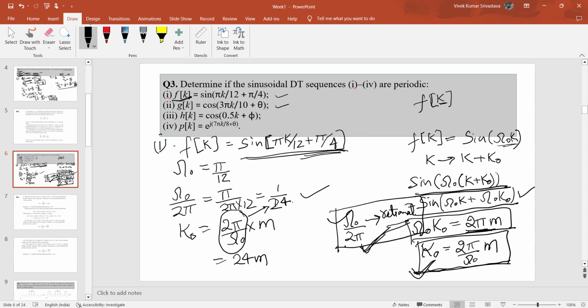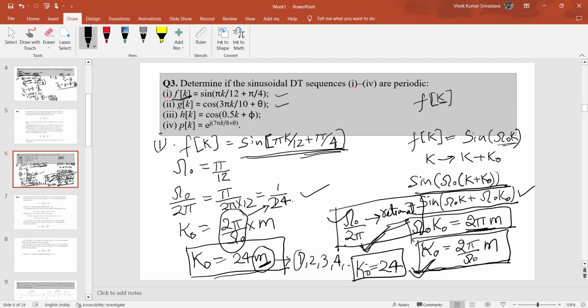Here m represents an integer number which is 1, 2, 3, 4 and so on. For determining the fundamental time period, we have to take the minimum value of m such that it satisfies this condition. The minimum value of m that we can take here is 1. Once we take the minimum value of m, the fundamental time period is 24. That's how we can determine the fundamental time period of any discrete time sequence.